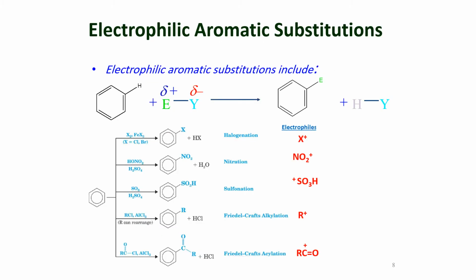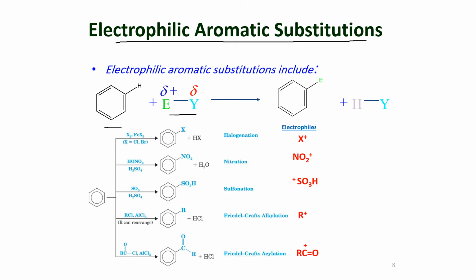Okay guys, this slide is about electrophilic aromatic substitutions. These are different types of reactions, mainly substitution reactions, which aromatic compounds undergo. Here we have an aromatic compound reacting with a molecule represented by EY.